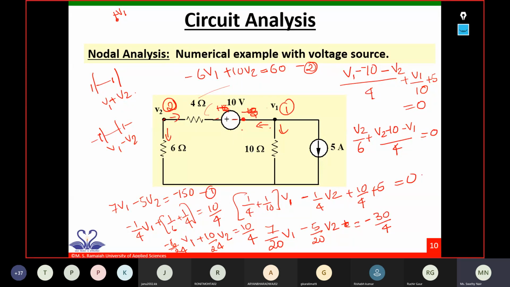Okay. Bye. This is not correct. This equation, what is the change? Ma'am, actually, you have taken 10 by 4 as positive on the right hand side. No, just a minute, ma'am. No, actually, it's correct. It is correct, right? Yes, ma'am. So what is the answer?